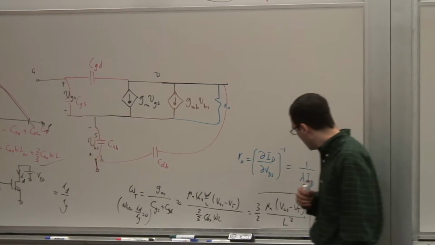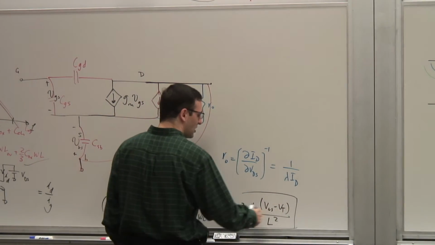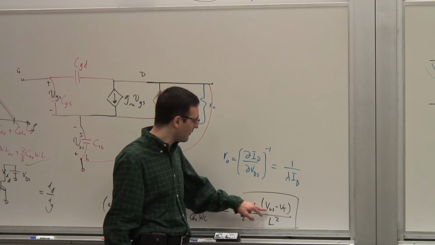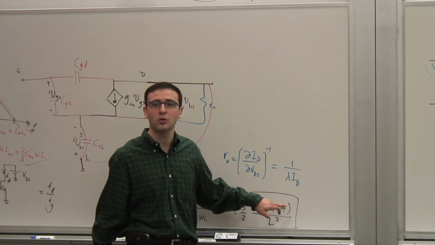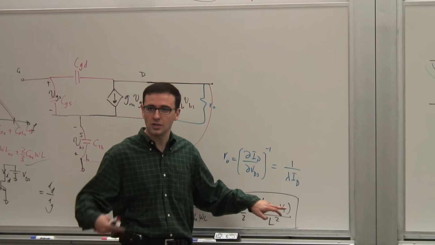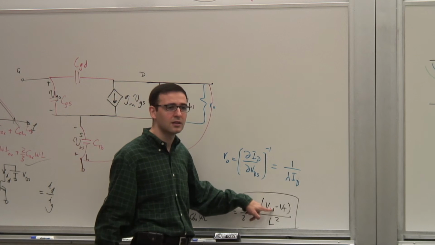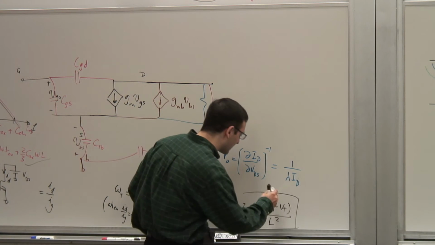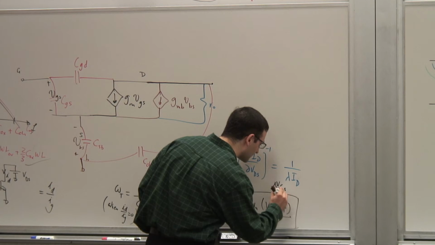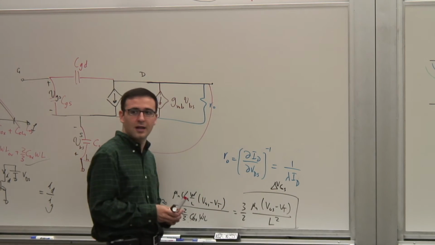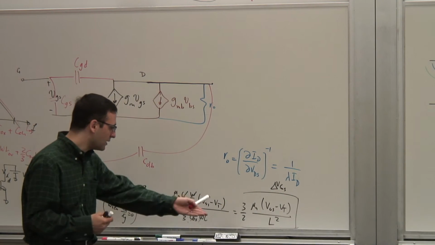What else can I do? It tells me I can use a higher VGS minus VT. By the way, we call this VGS minus VT the gate overdrive. And we'll use it in circuit design. We see this very often. Sometimes we even show it as delta VGS, which makes sense. It's the overdrive over VT, right?